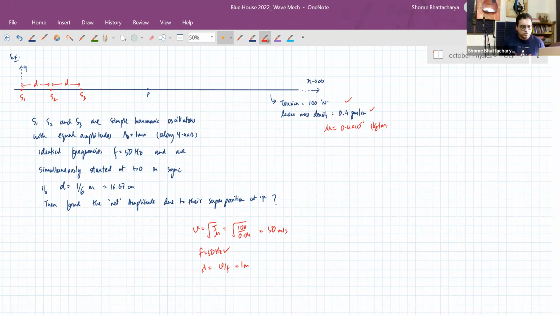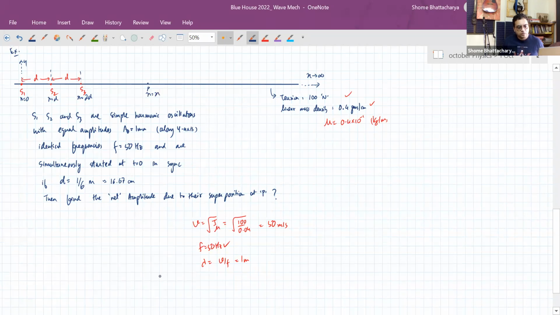Right. So next thing, the wavelength you got. Now you can see that if we consider this point as x equal to 0, or you can consider it x naught also, this is x equal to d, this is x equal to 2d, and this is x equal to x, suppose. So the wave that is coming from the first source is omega t minus kx, suppose.